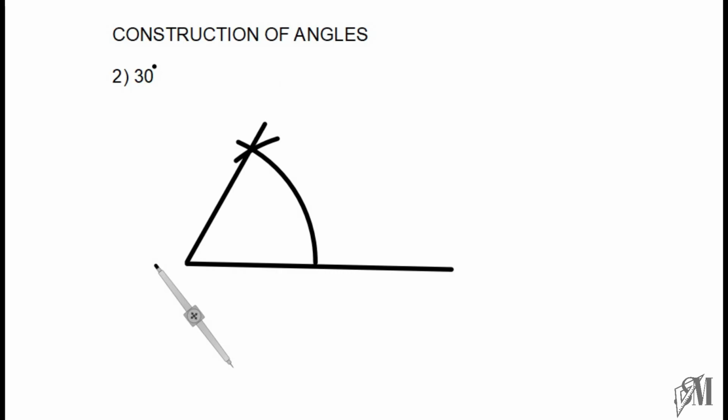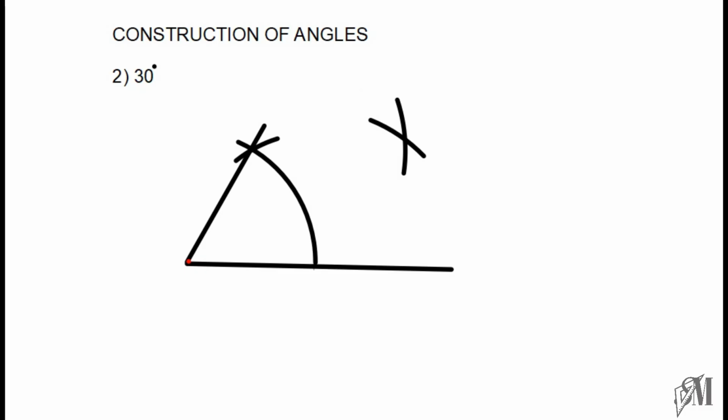For that, we go to the first point where the arc touches the straight line like this. Then we draw an arc like that. With the same length, we move to the next point where the arc touched the straight line before, and then we cut the previous arc we drew like this.